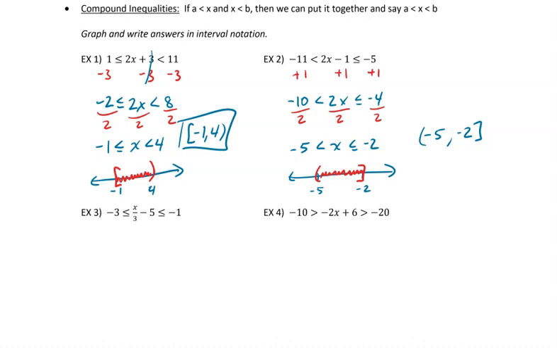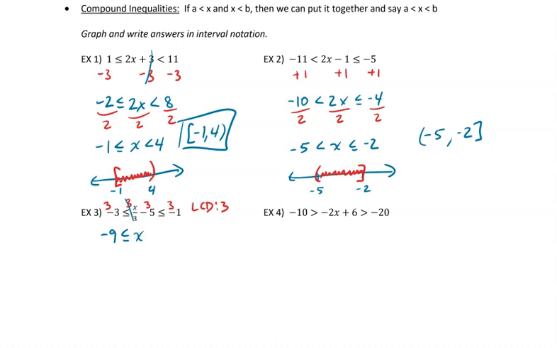All right. Example 3. Again, just like before, if we have a fraction, we can just clear it out with the LCD. We just multiply every single term by that LCD though. So 3 times negative 3 is negative 9. Less than or equal to, that one cancels out.